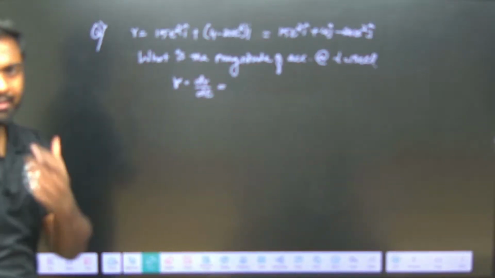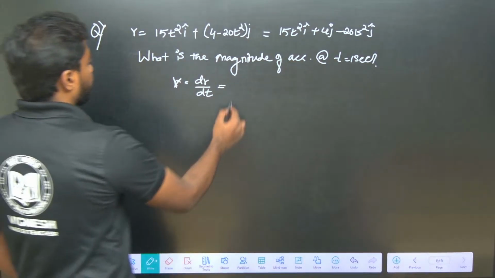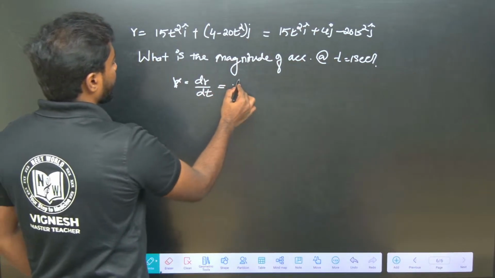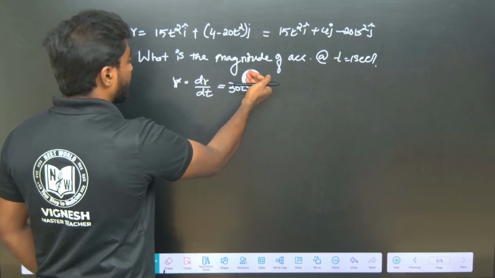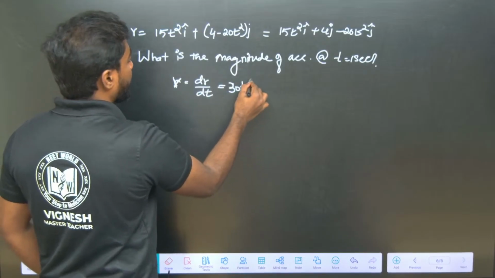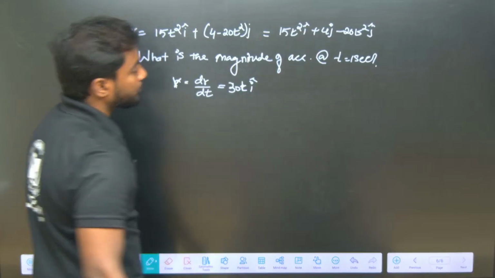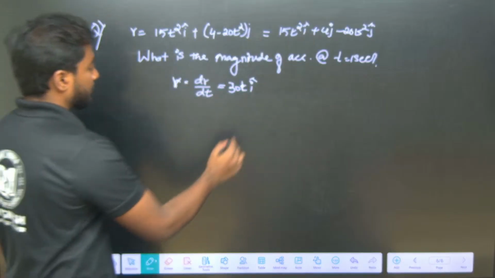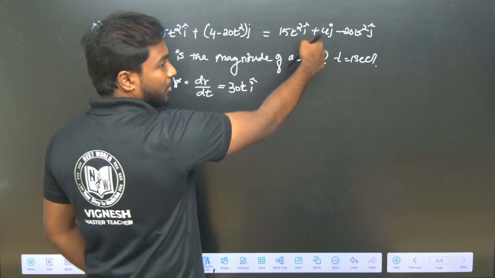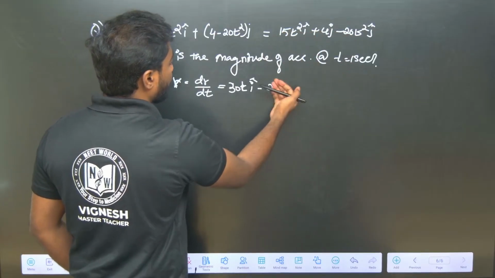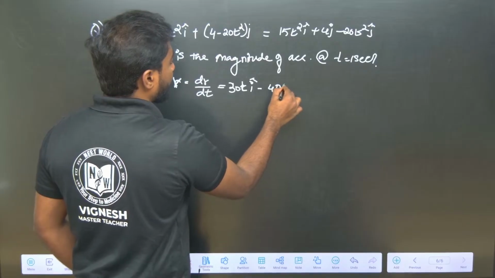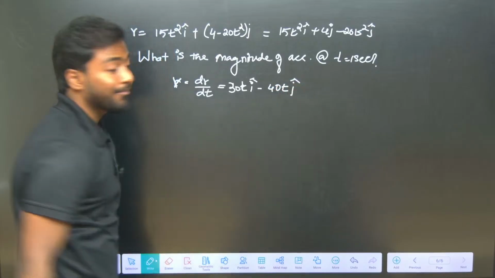Then this is nothing but 30 t i cap. This 4 is a constant, so neglect it. So minus 20 into 2, 40 t j cap. This is my velocity.